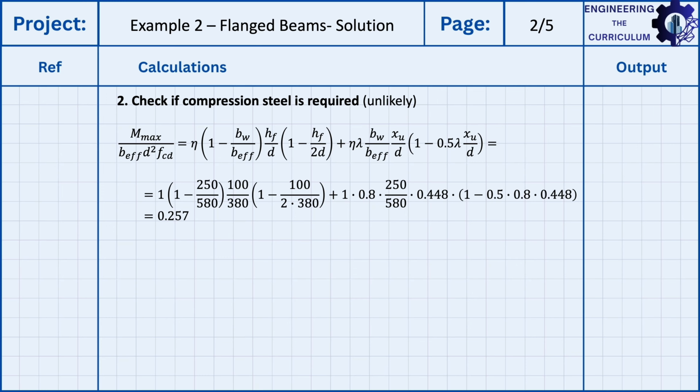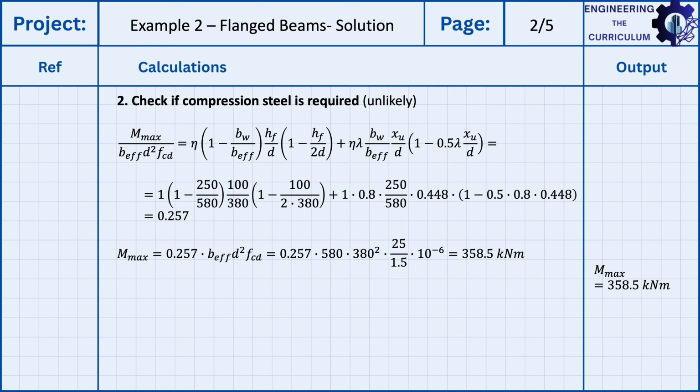And that gives us 0.257. Now that we have the right-hand side, we can multiply it by the effective B times d squared times FCD to isolate the maximum moment. And if we do that, we need to multiply the number we got on the right by 580 times 380 squared times 25 over 1.5.